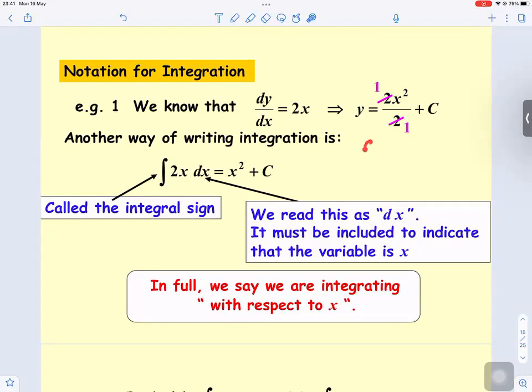So we can have integral of 2x dx. If it has to do with a different letter, it could be integral of 2r dr. So it has to be included, the dx. In full, we say that we are integrating with respect to x.